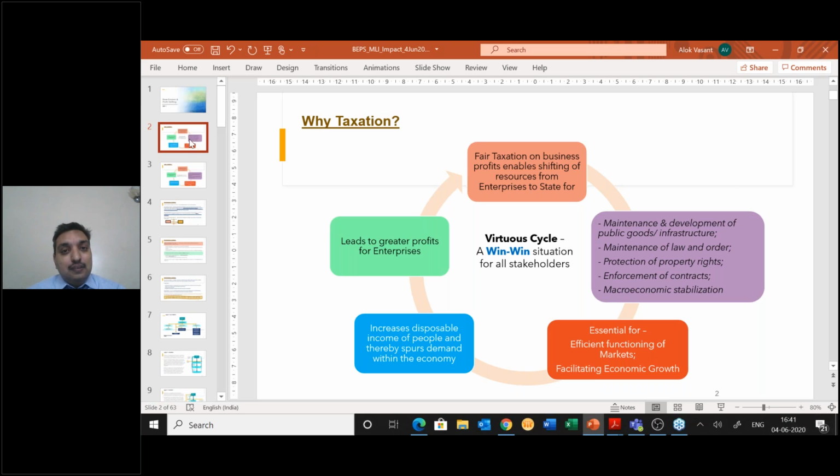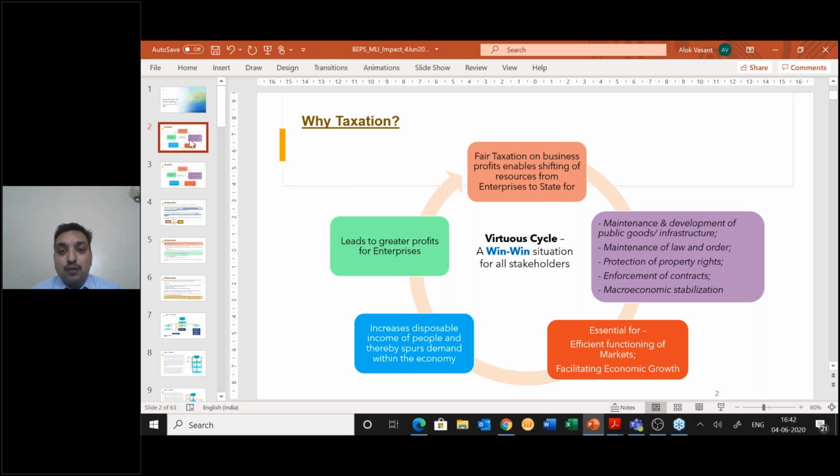Now look at, if there is a fair taxation on business profits, what happens? It enables shifting of resources. Resources means your money or the tax amount from the enterprises to the state. What does the state do out of that? The state uses that tax money to maintain and develop public goods, to maintain and develop public infrastructure. It uses that for maintenance of law and order.